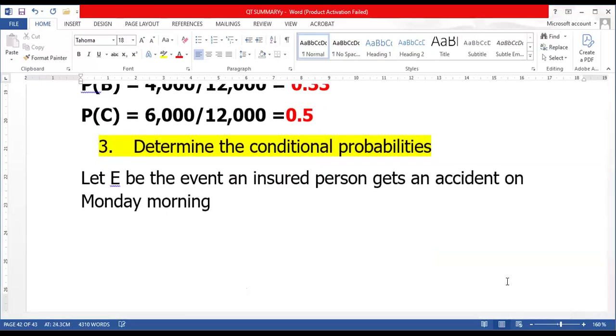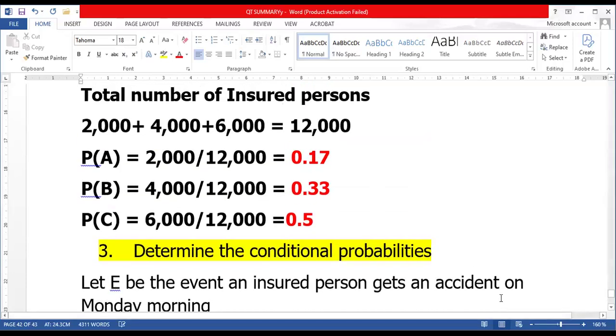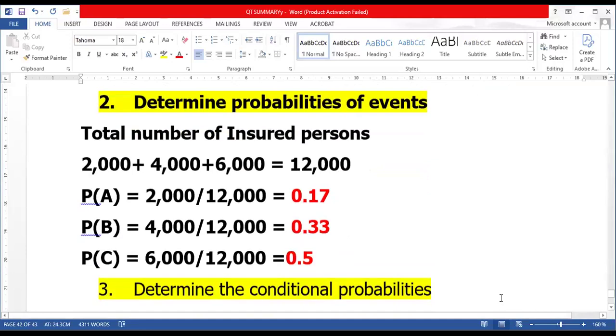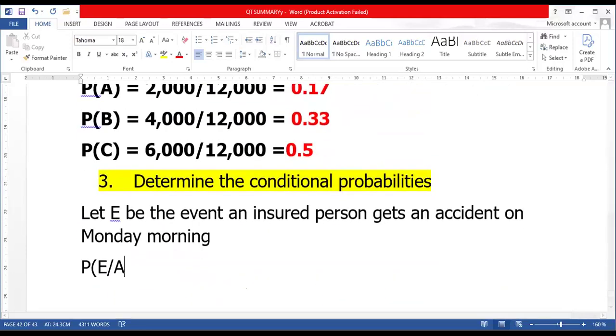So the probability that an insured person gets an accident, given that he was a border rider. We define the border rider as A.